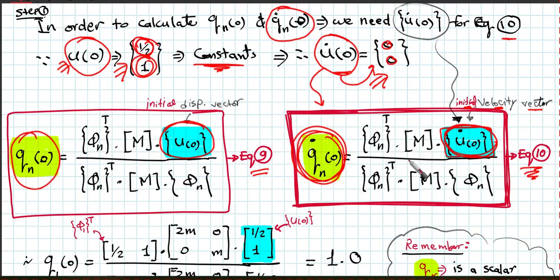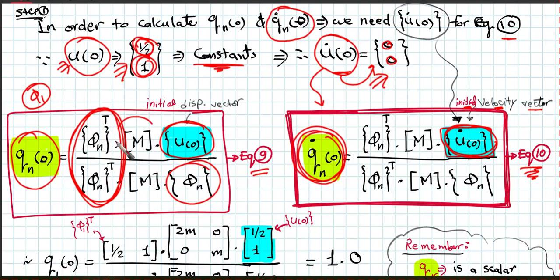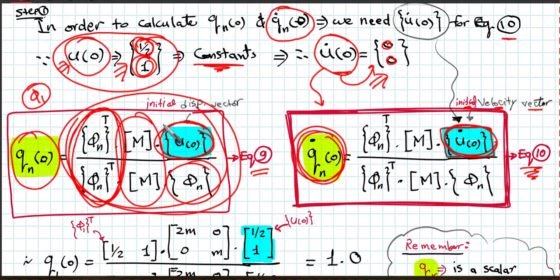Okay, so now we obtain this u dot node, and then everything is known for us. If you look here at equation 9 for qn node, the mode shape amplitudes are given. We know phi 1, right? So it is given for us. The mass matrix is known for us. We know the masses at degree of freedom 1 and degree of freedom 2. And u node is given for us also.